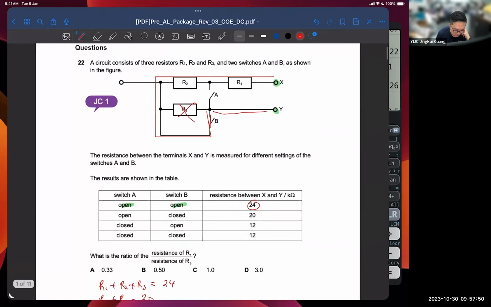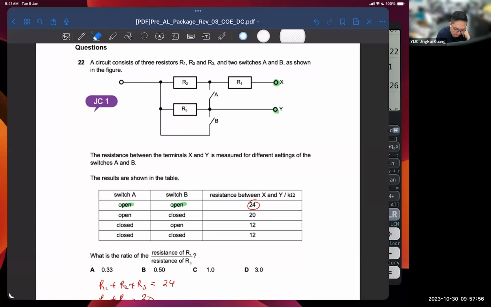Let's look at the next one. A closed, B open. So let's change this again. We close A. Then the path becomes, again, we look for chances where you can short circuit. You come to here, and now you can either go this way or come down this way.